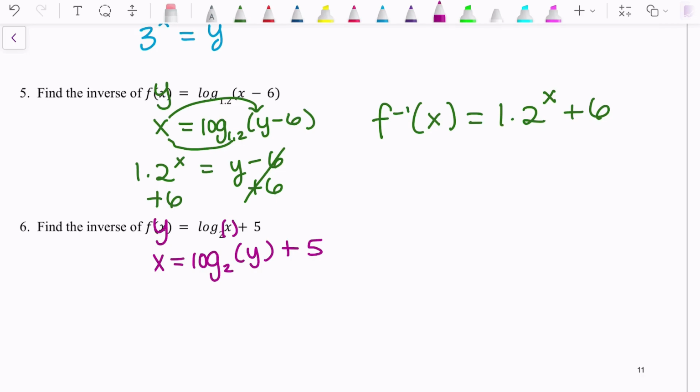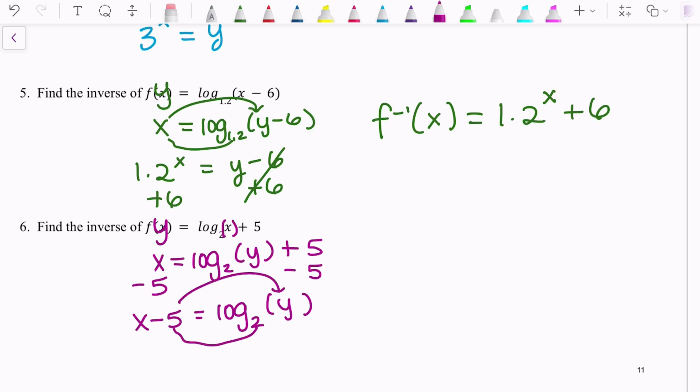And then I'm going to take away the 5 because I have to get the log alone. And then lastly, I'm going to do the swoosh method. So the base to the exponent is equal to y. So 2 to the x minus 5 is equal to y.